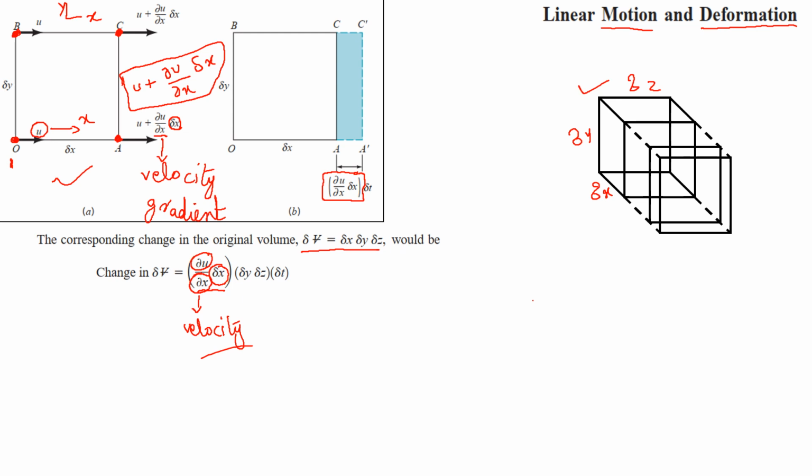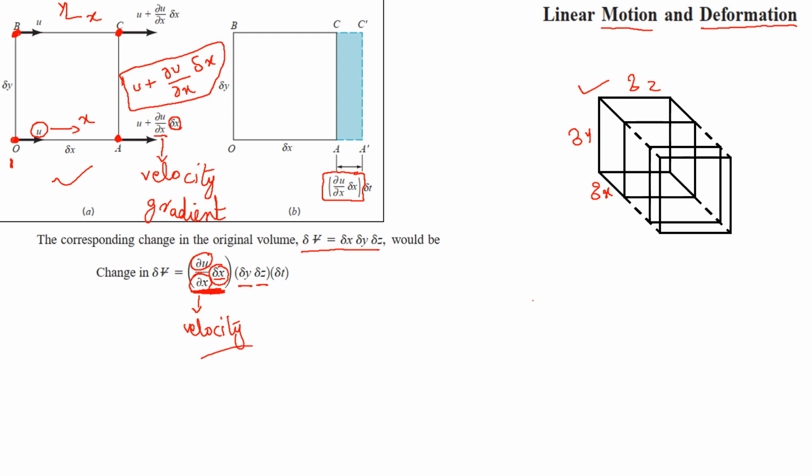So due to this change in velocity along a certain axis, that is the x-axis, we will get a change in this length, and due to the change in the length of one edge of the cube, the whole volume of the cube is going to change. This term here is responsible for the change in volume of this cube. Obviously these cubes will have other sides, that is delta y, delta z, but the particle is not assumed to be moving along these axes.